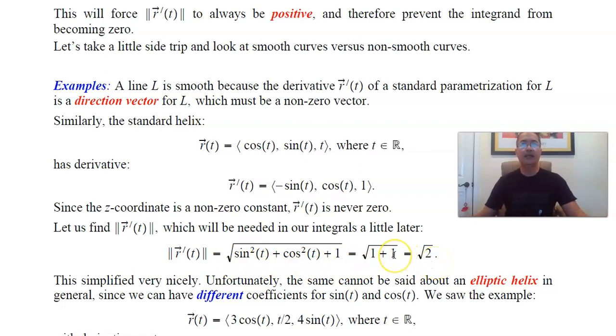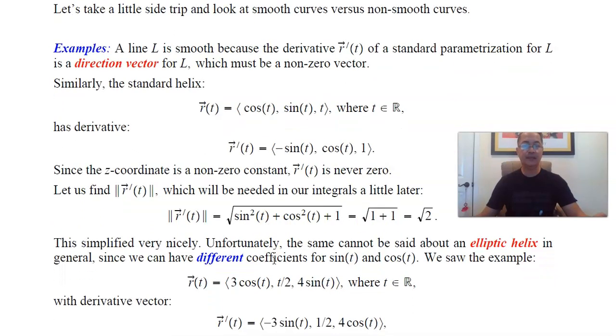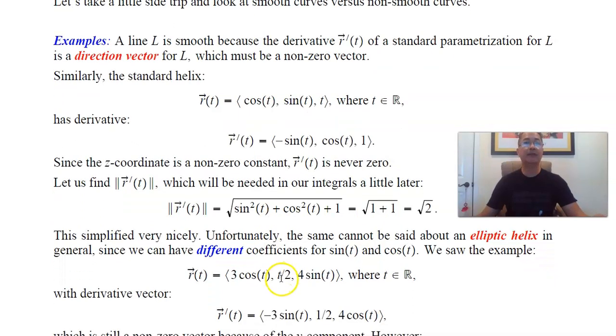In the first section of this chapter, we saw non-circular helices, elliptic helices. Let's see what happens if we find the length of the tangent vector for these elliptic helices. Here's one, for example. You've got a 3 here for cosine and a 4 for sine. They're not the same.